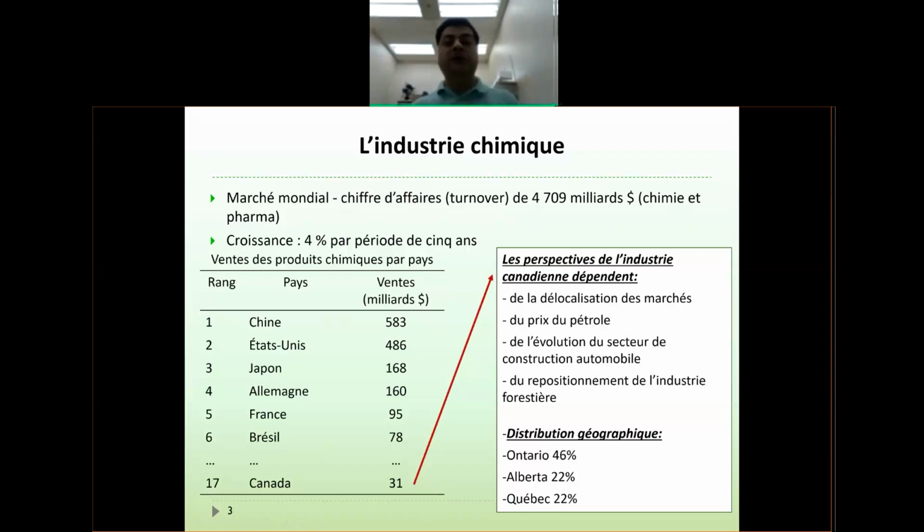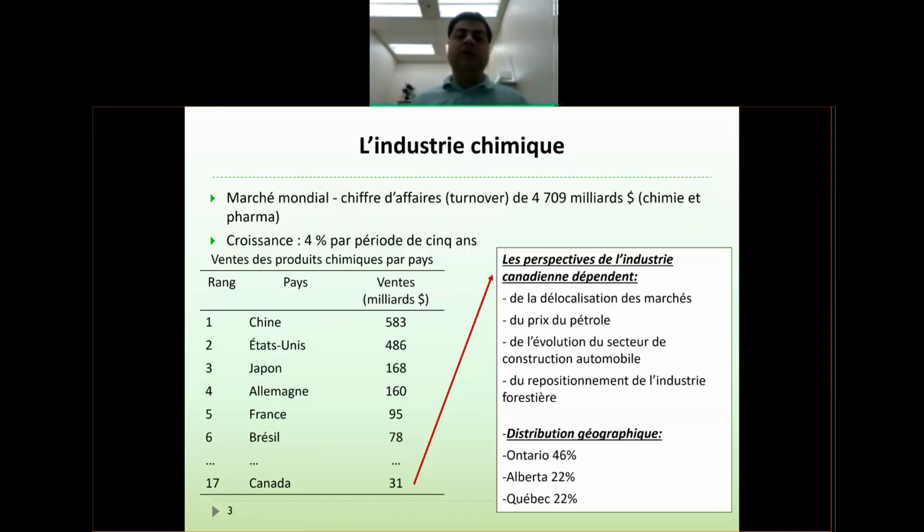But back to our topic, biomass conversion. If Canada makes enough strategies, it can also be a big player in the production of chemicals.